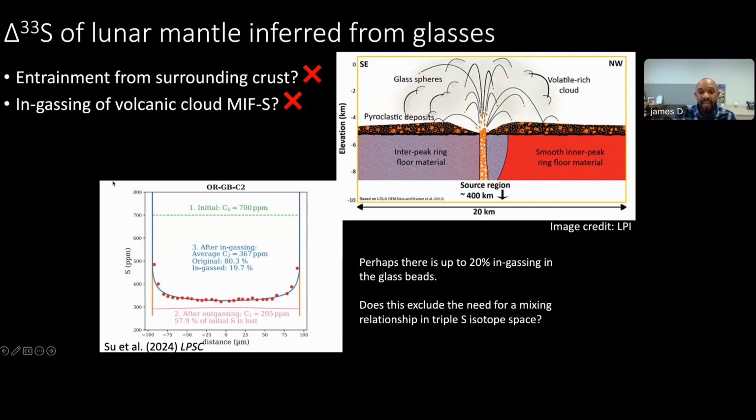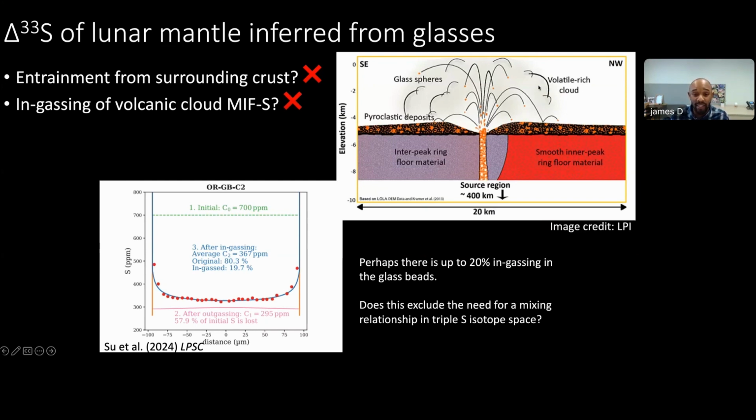And this is a hypothesis that could potentially be reconciled with the model for how the orange and black glass beads were established, where you have orange beads condensing on the outside of the cloud, and the black glass beads kind of cycling through this vent, becoming more devitrified, more degassed.